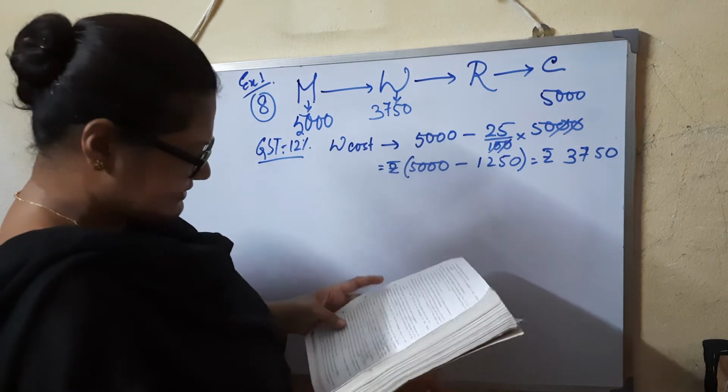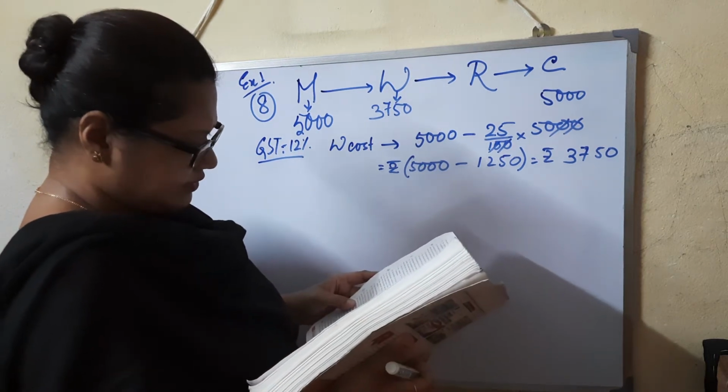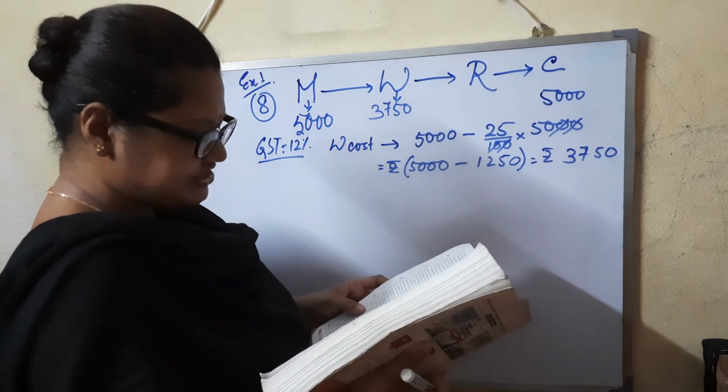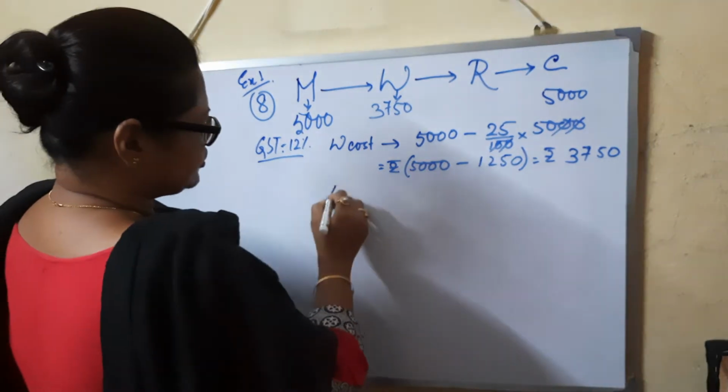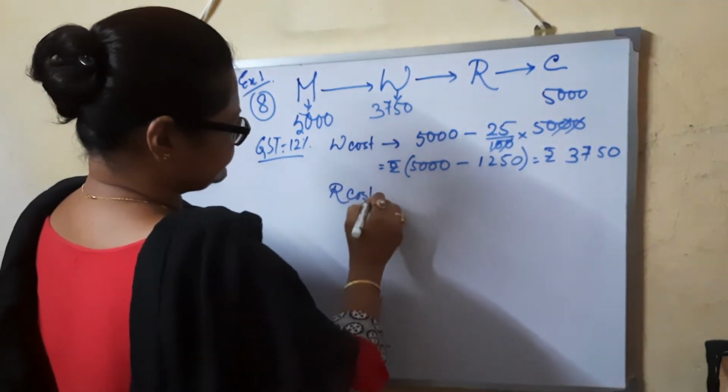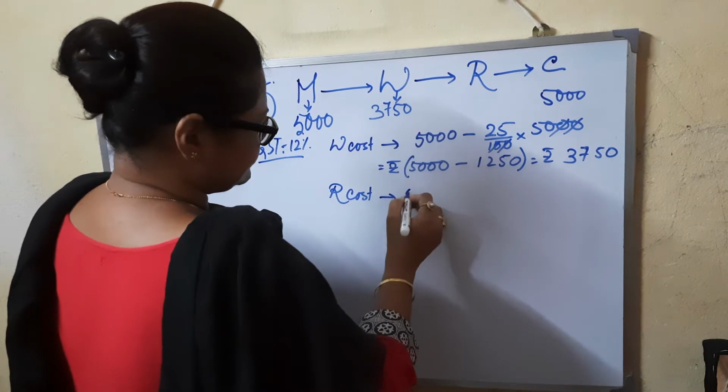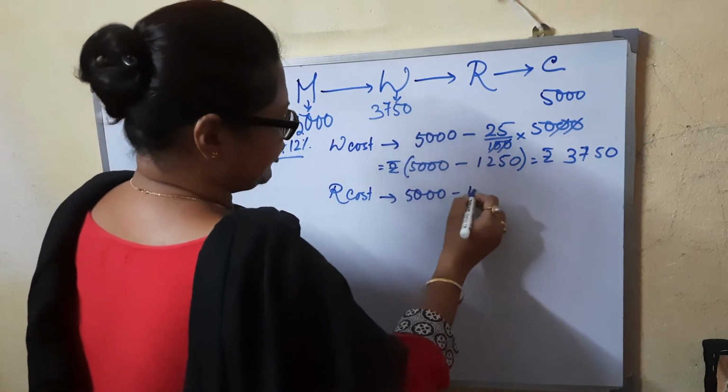Okay, next, the wholesaler sells it to the retailer at a discount of 15% on the marked price.